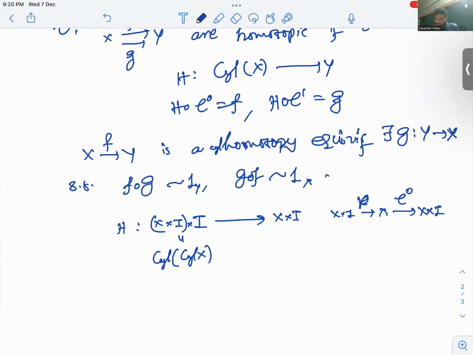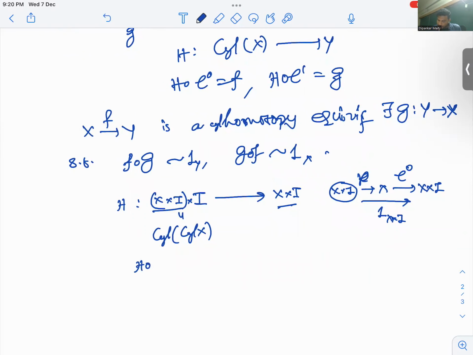Therefore, to say that there is a homotopy from this to the identity on X cross I, you have to give a map from the cylinder on X cross I to the cylinder such that H composed with the left-hand inclusion of E0 on the cylinder is equal to E0 composed with P, whereas on the right-hand side, this is the identity on the cylinder.